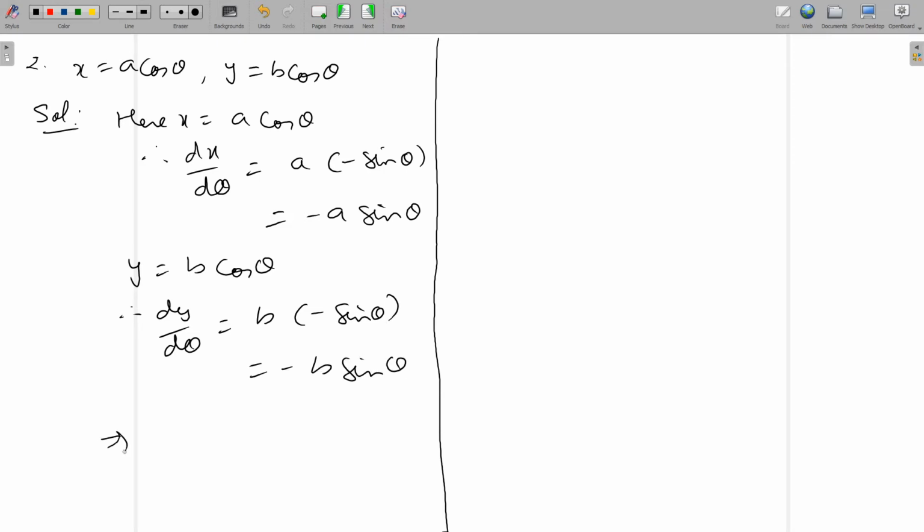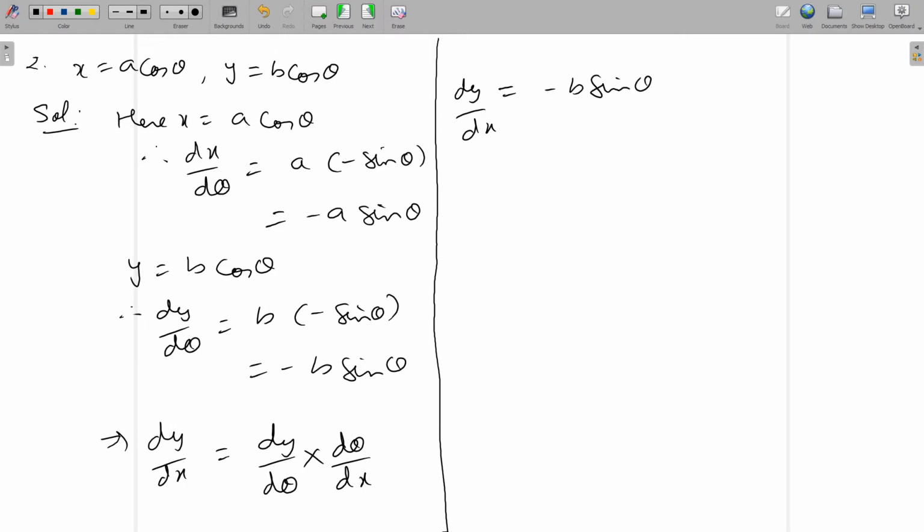So this implies dy by dx equal to, we'll apply the chain rule. We know that dy by dx will be equal to dy by d theta into d theta by dx, and we have the value of both. So dy by d theta is minus b sin theta into, now we have the value of dx by d theta, but what is required is d theta by dx.